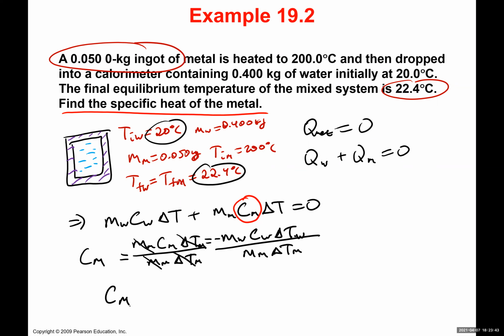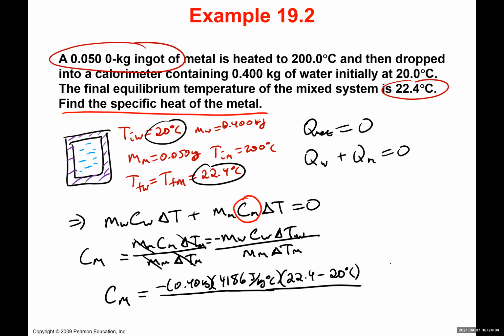So the specific heat of the unknown metal will be equal to negative mass of water, which was 0.4 kilograms, times specific heat of water, 4186 joules per kilogram degrees Celsius, times the change in temperature of water, which is 22.4 minus 20 degrees Celsius. Then in the denominator, I have the mass of the metal, which is 0.05 kilograms, times the change in temperature, which is 22.4 degrees Celsius minus the initial, which was 200 degrees Celsius.